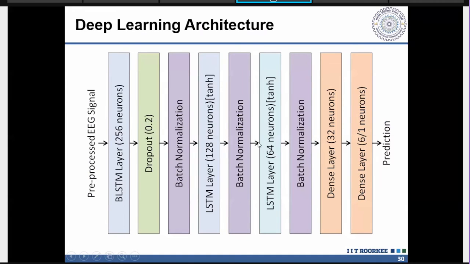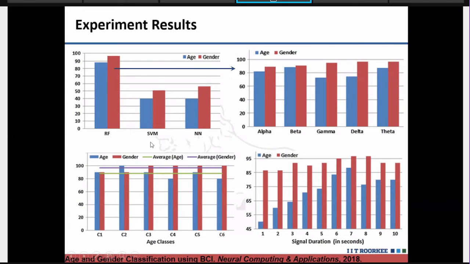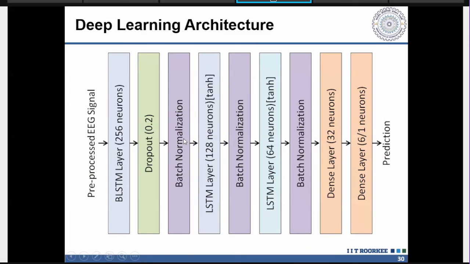These results are using random forest, support vector machine, and neural net. Now, I was saying that we could also use deep learning models, where you do not require feature extraction like mean and standard deviation. You just provide the signals after noise removal, and this LSTM, BLSTM framework will extract the features and do the predictions itself.